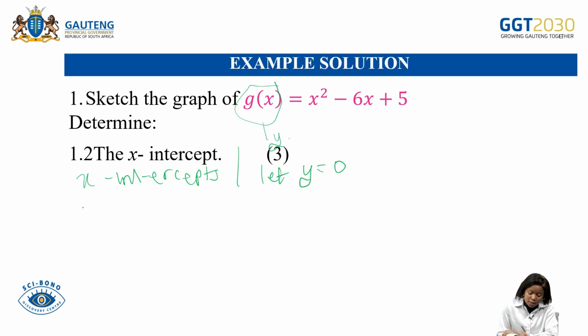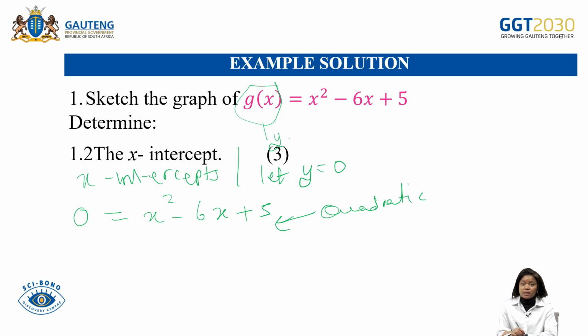So it means you'll say 0 is equal to x squared minus 6x plus 5. If you can't find the factors, please just use the quadratic formula. Ne? You just use the quadratic formula if you can't find the factors. Remember your quadratic formula from when we were still doing the algebra. Okay, but I am going to factorize. I'll open 2 sets of brackets. Then you put an x, you put an x.